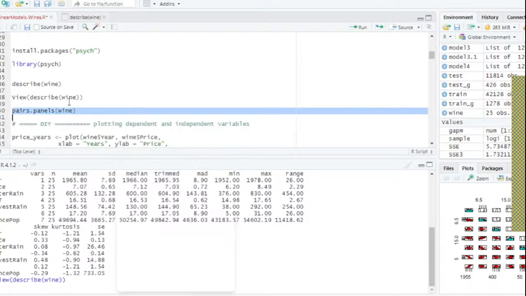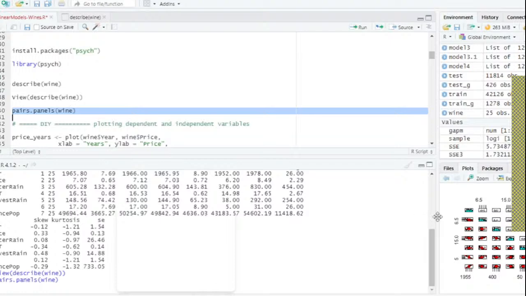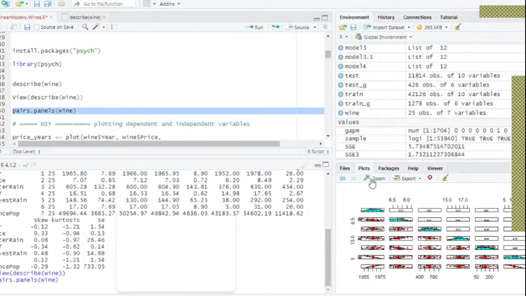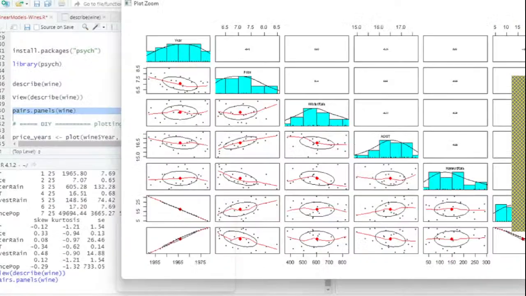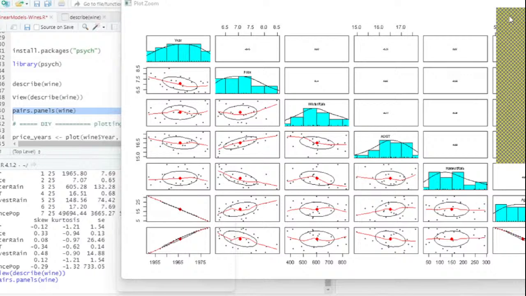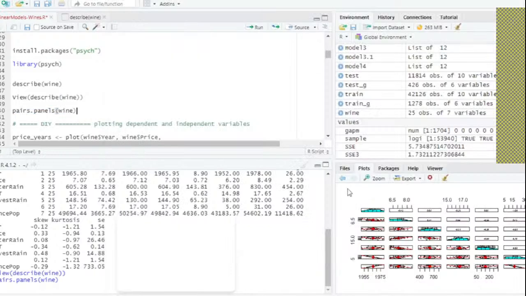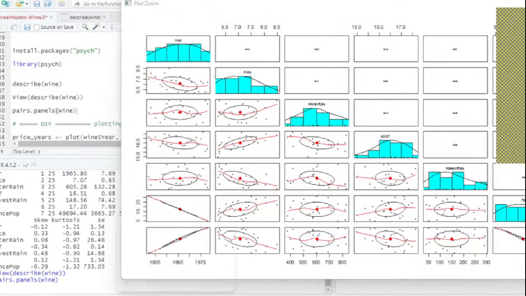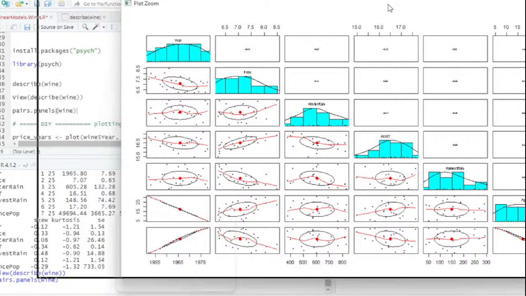Pairs.panels. We have run this earlier. Pairs.panels. Did I explain this chart earlier? Okay, let me explain this. A very powerful chart this pairs.panels creates.